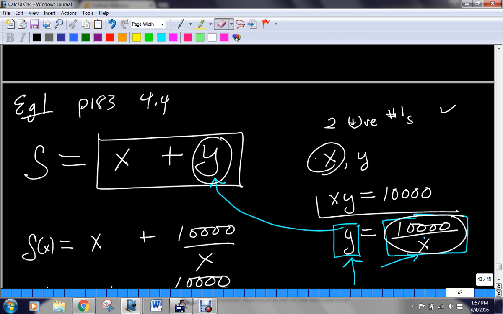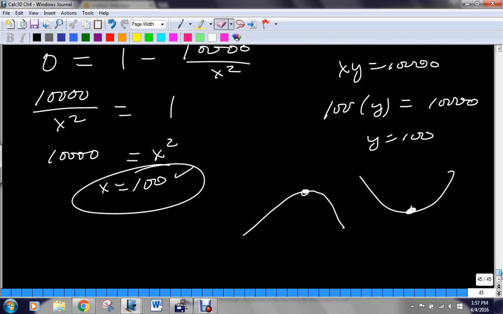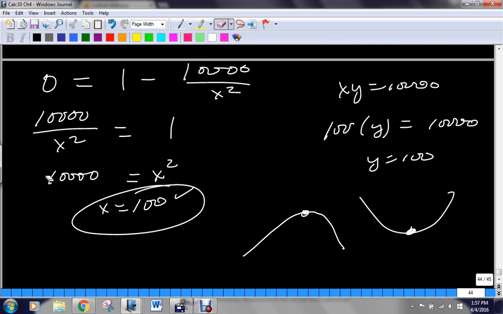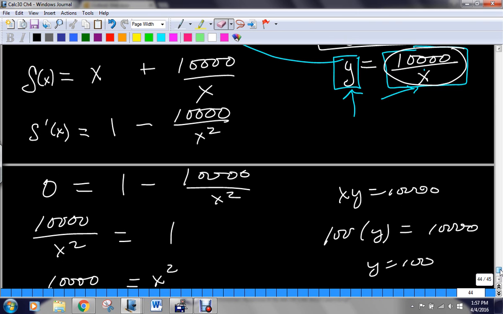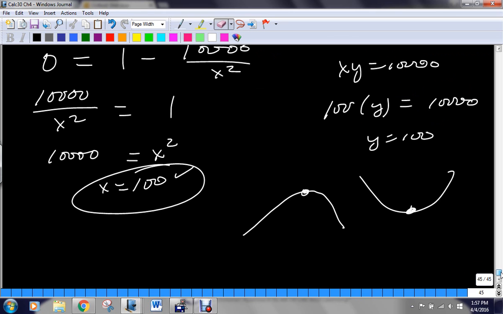Think through it logically. Method number two is what we've been doing, and that is a sign analysis. You can do a sign analysis using test points. You don't have to factor this whole thing. You can do a quick sign analysis using test points.